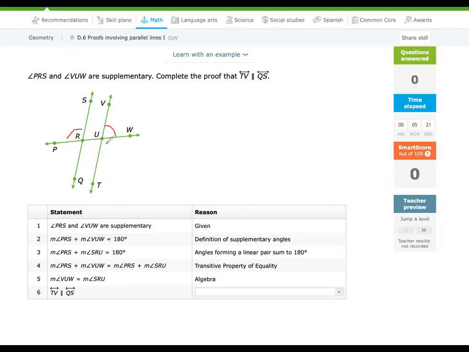PRS plus SUR, so it's going to be this one right there, are going to be equal to 180 degrees. This is angles forming a linear pair, sum to 180 degrees. If you look at this, it's almost like if I'm making a circle, that's about half my circle.